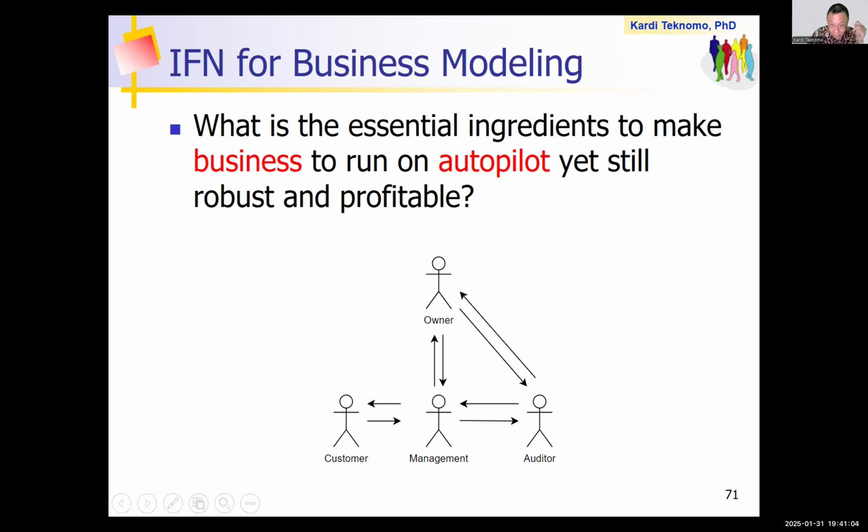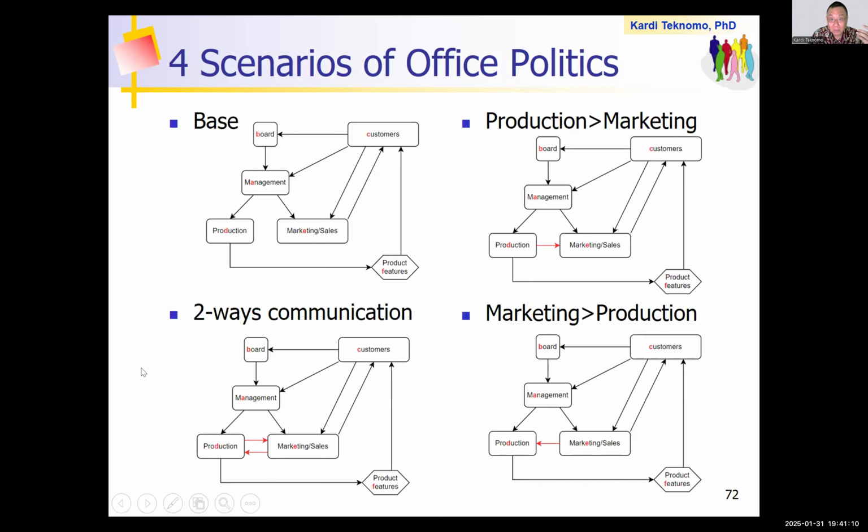So another example of business scenario that you can use in IFN is to check the power scenario of office politics, for example. So you can create the network, something like this, and then you can compare. The customer will influence the board and the management and so on. So the management will influence the production and sales and so on.